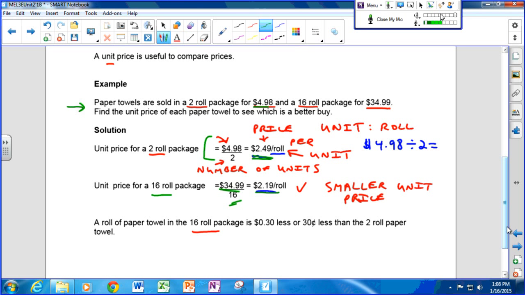Is it going to get in our way? Because maybe it's not worth it to save a few pennies if you're tripping over this big pile of paper towels, right? Or if it's something perishable, are we going to be able to use it before it kind of goes off?